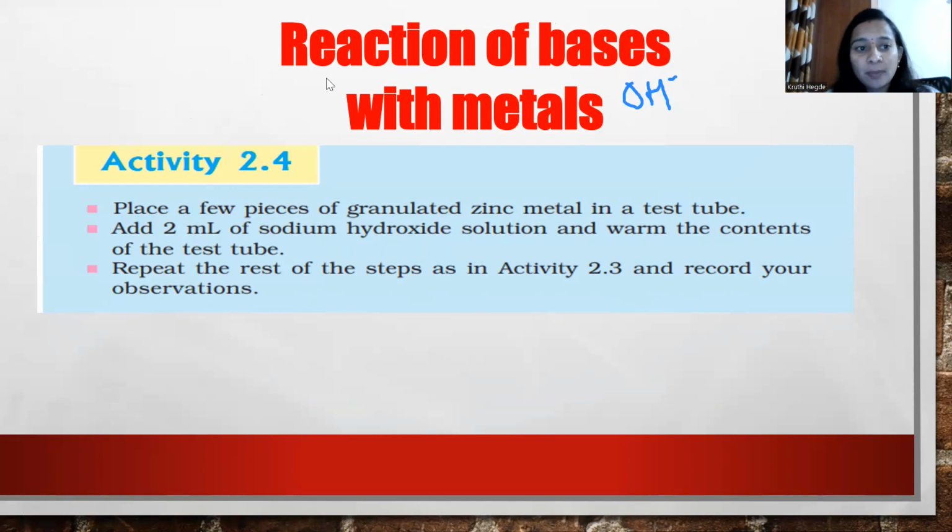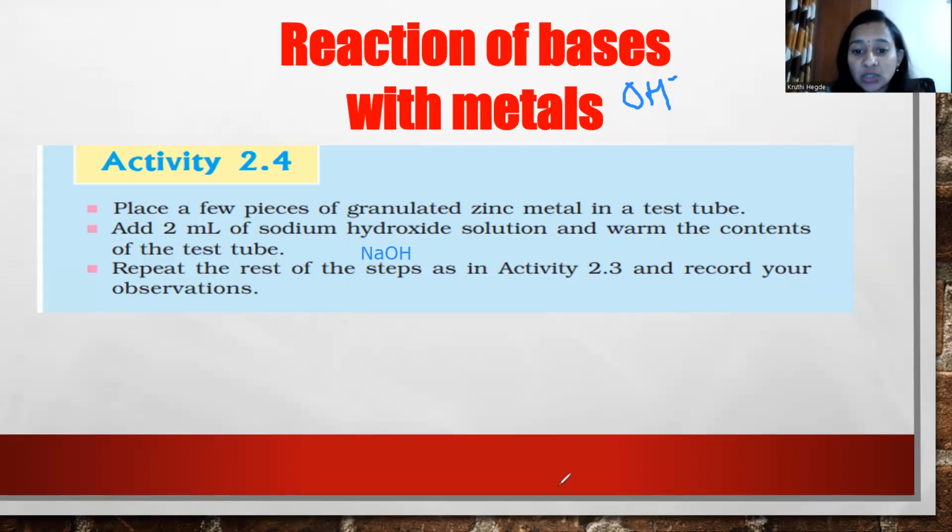Sodium hydroxide is NaOH. Warm the contents. Repeat the rest of the steps as in activity 2.3 and record your observation. After warming, pass the gas through a delivery tube into soap solution, and then we can test it with the help of a lit candle.